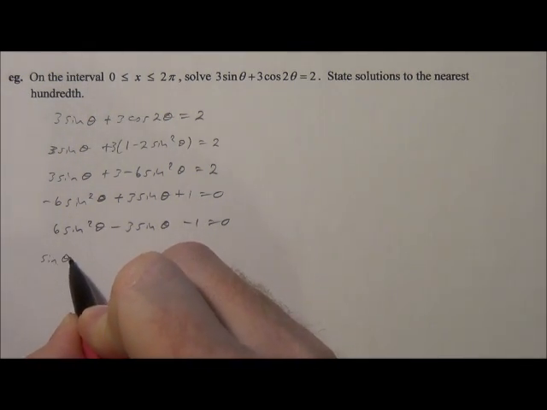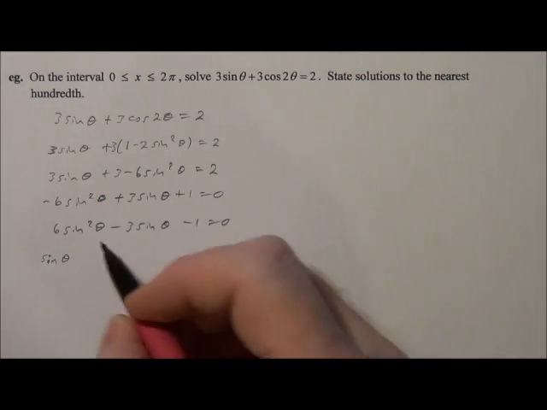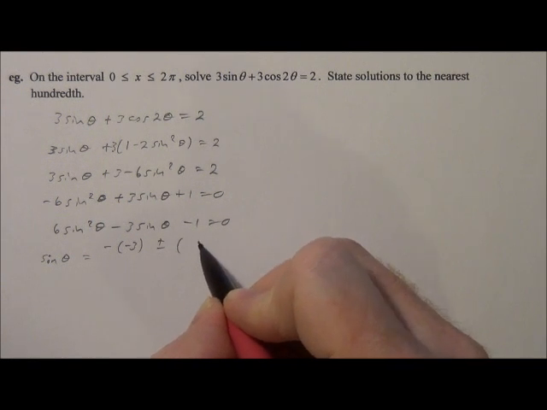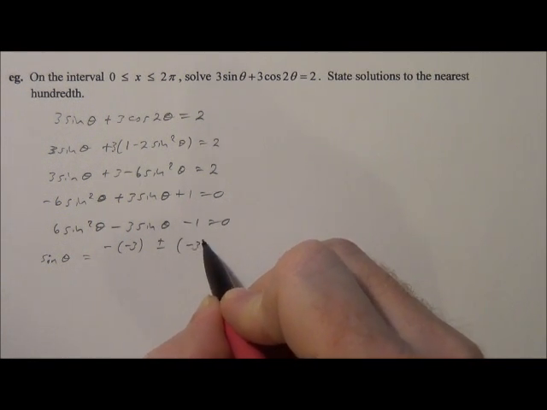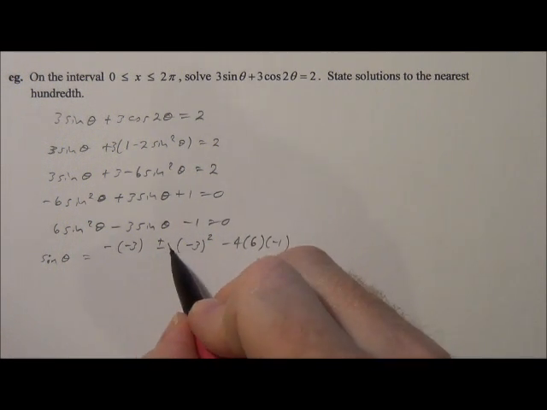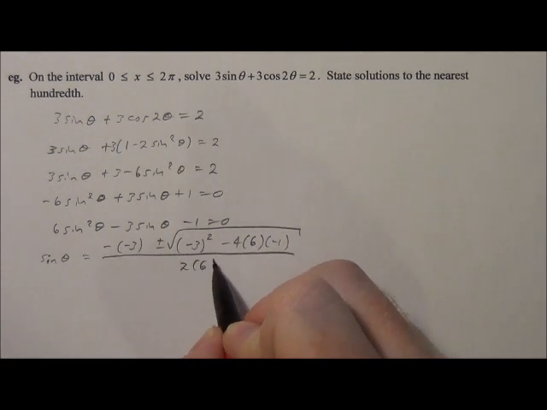It works the same as when we're solving it using x. Sine theta equals negative b plus or minus the square root of b squared minus 4ac all over 2a.